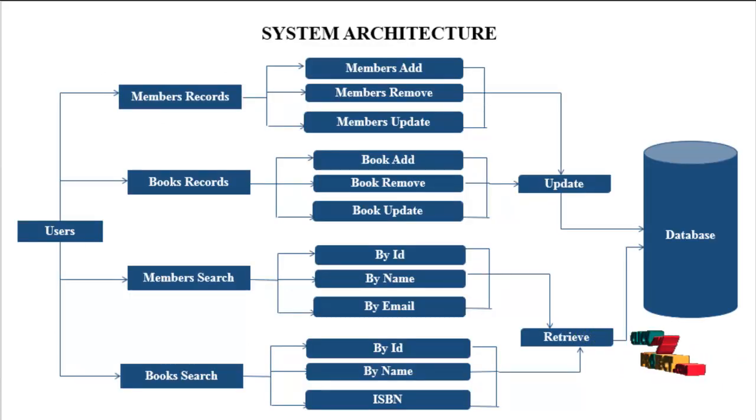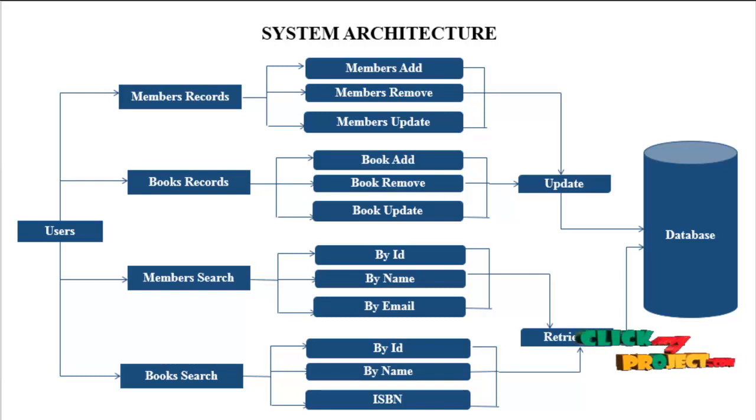Here we introduce the users. Users means the librarian. Here the librarian has four types of work. First is manage member records, manage book records, search member detail, and search book detail.